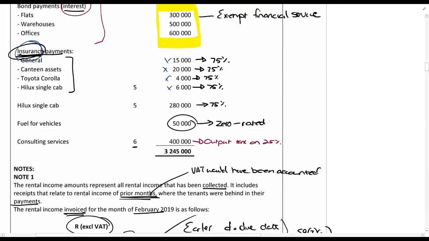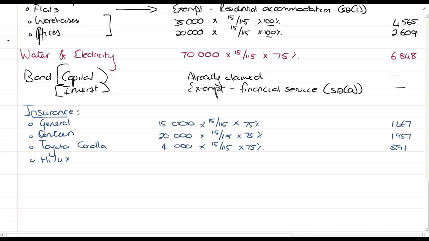And then the Hilux. The Hilux, you'll remember, is a single cab, so it's not a motor car, but again, that doesn't matter. We're looking at insurance. We can claim the insurance. So 6,000 times 15 over 115. Okay, so that's it.